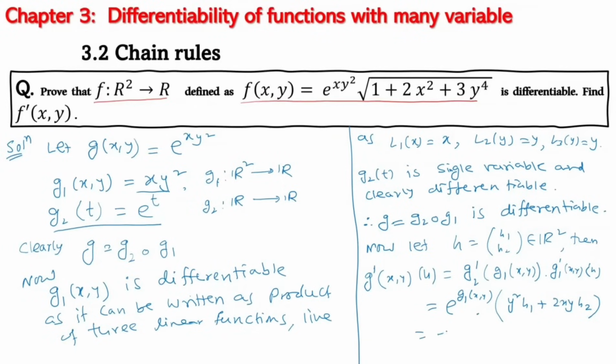So now just substitute e to the power x y square times y square h1 plus 2xy h2. Let's note it down as 1.